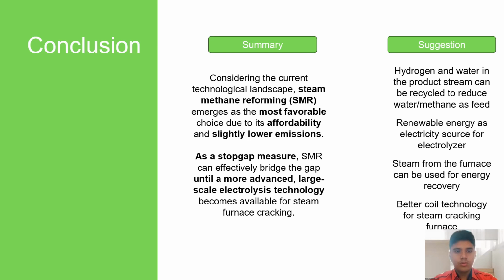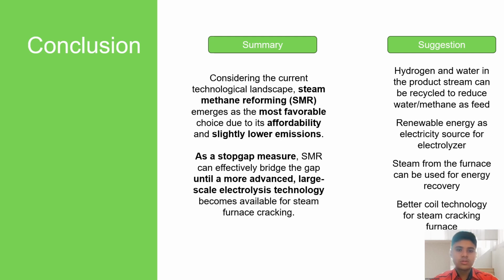To conclude, we can summarize that considering the current technology landscape, steam methane reforming (SMR) emerged as the most favorable choice due to its affordability and slightly lower emission. As a stopgap measure, SMR effectively bridged a gap until a more advanced large-scale electrolysis technology became available for steam furnace cracking.